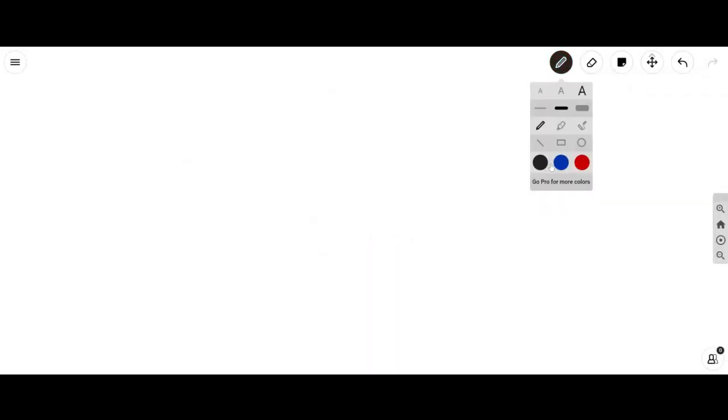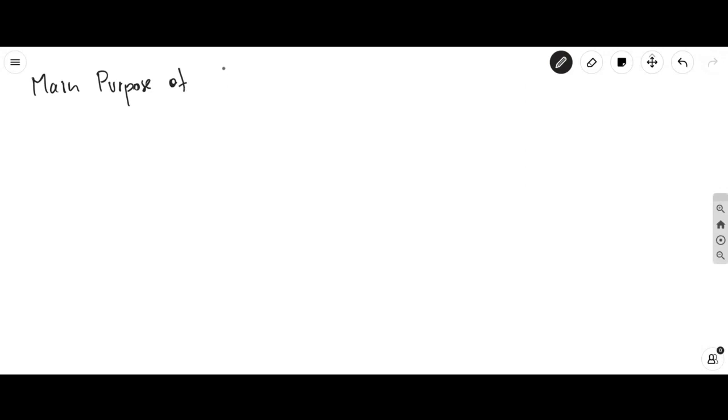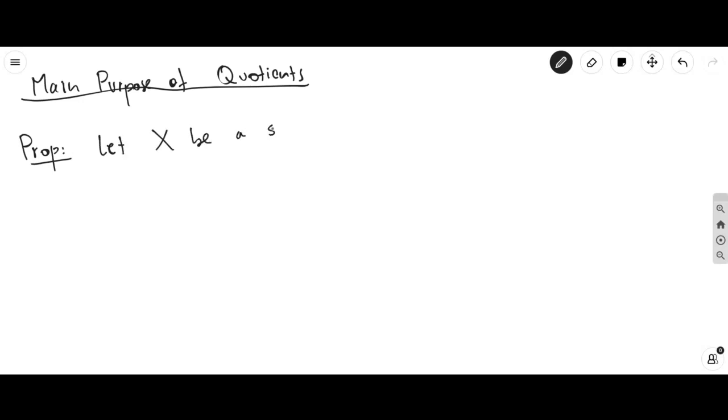And I want to get to, I would say, the main purpose of quotients. This is the reason why we're introducing quotients all of a sudden, because they give us a lot of examples. So maybe I could make this a proposition. Let X be a topological space. Again, the assumptions are that it's path connected, locally path connected, Hausdorff.